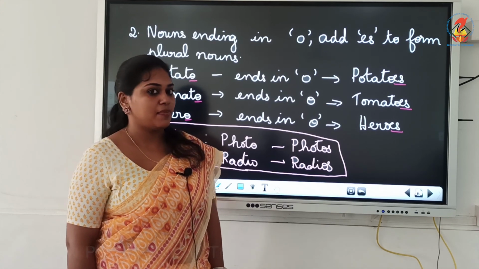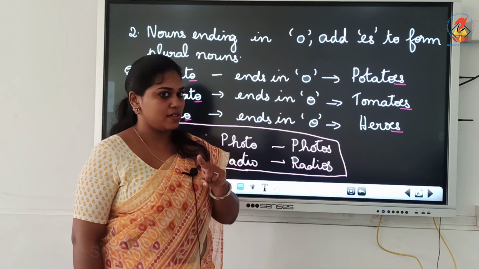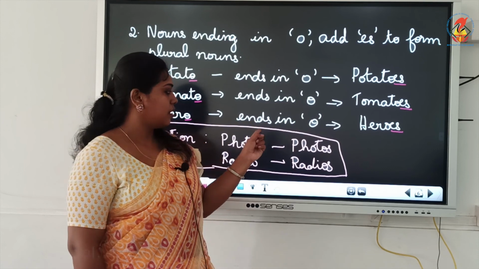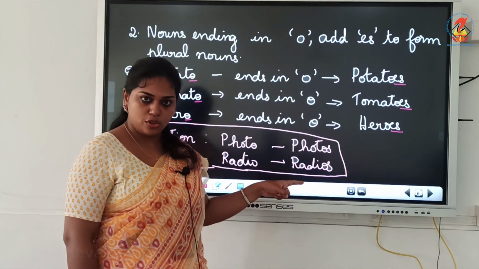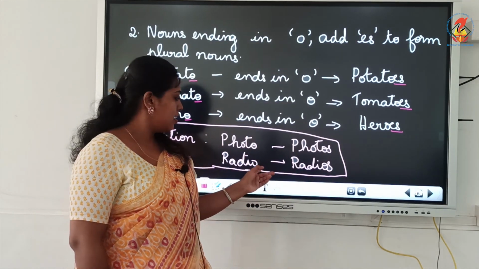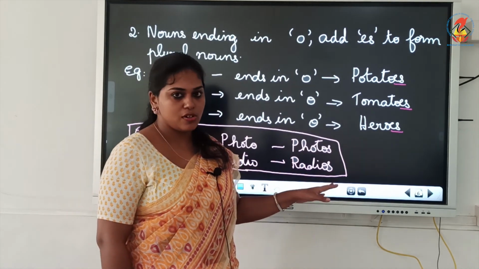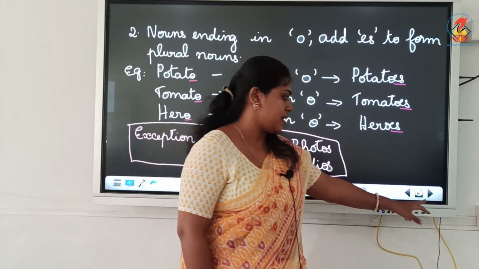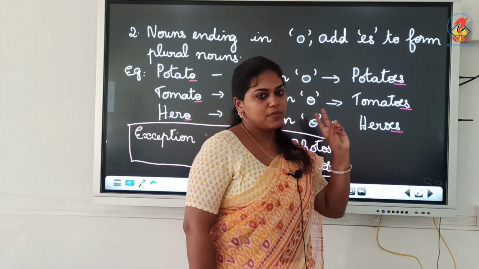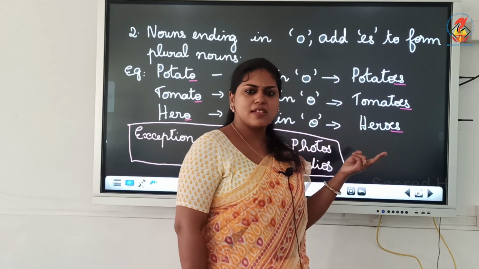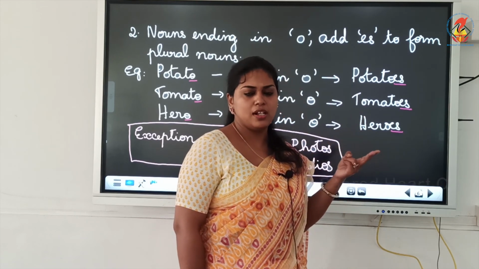Now, exceptions that we learnt is ox is oxen, okay. Then here photos, we do not write ES. Radio is radios, here also we do not write ES, instead only S. These are the two rules where we write ES itself to make it plural.